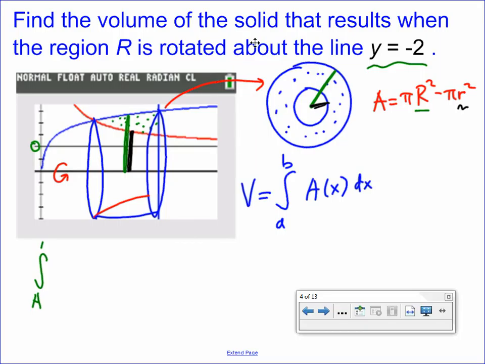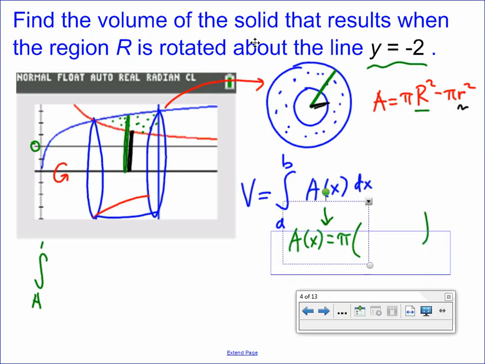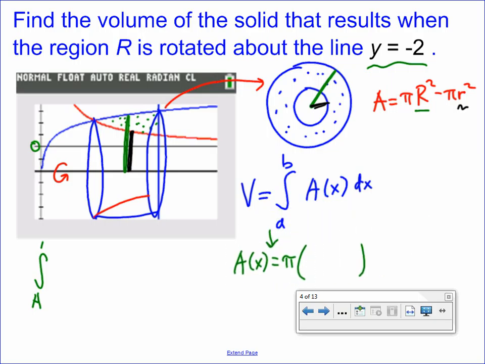So my area function A of x is going to be A of x equals pi. What's my outer radius? How are we going to keep my outer radius positive? Well, we need to do top curve minus bottom curve.